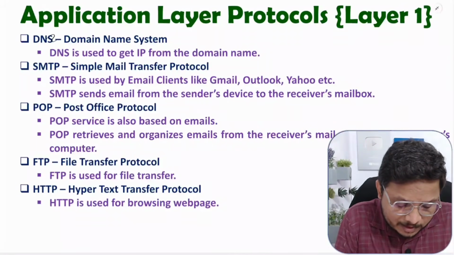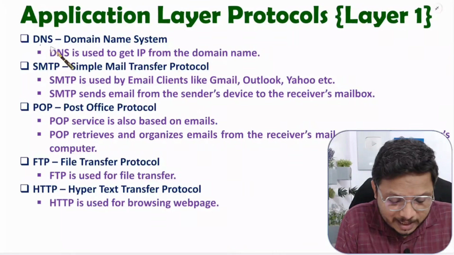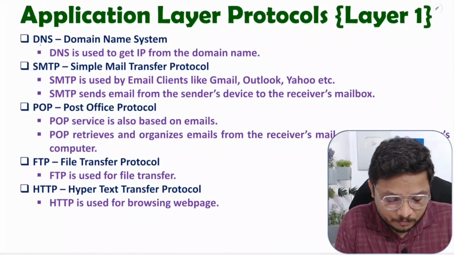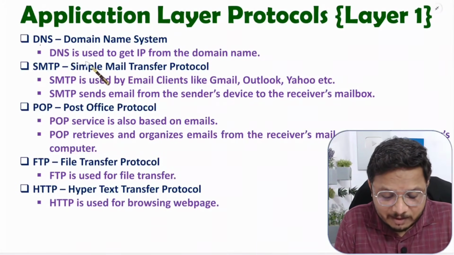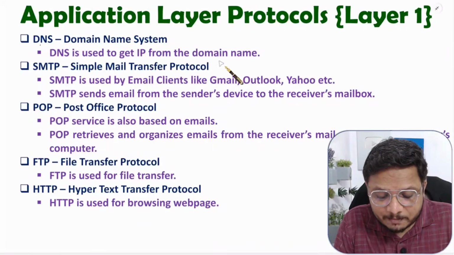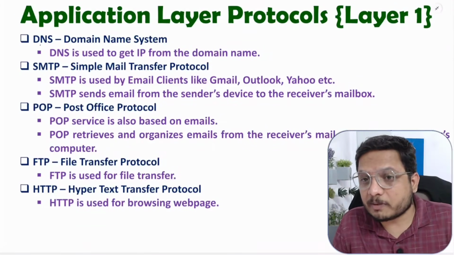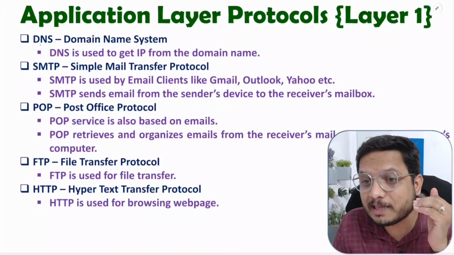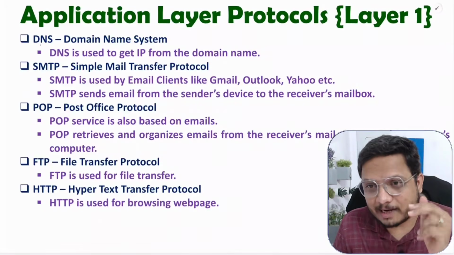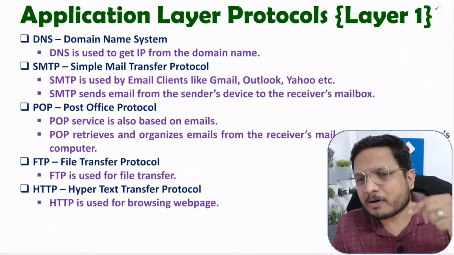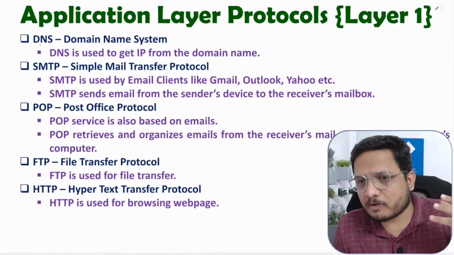So first, I'll be discussing DNS, domain name system. See, domain name system, we use it to get an IP address from a domain name. So first of all, you need to understand what a domain name is and what an IP address is. IP address we have already seen in my earlier videos of computer network.